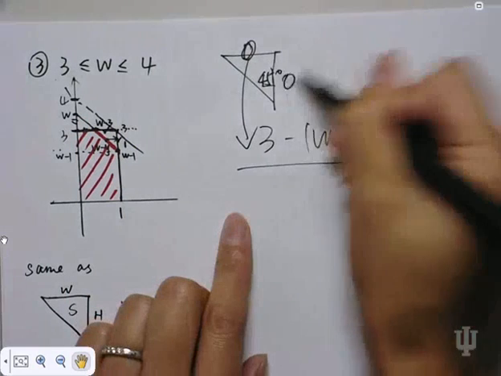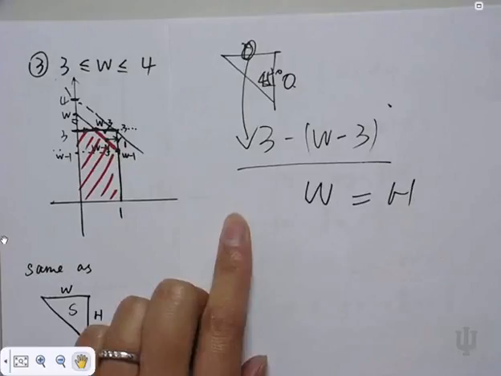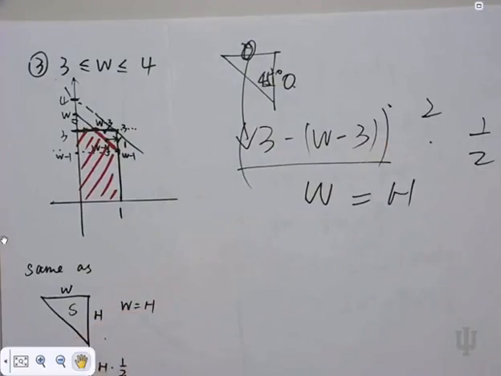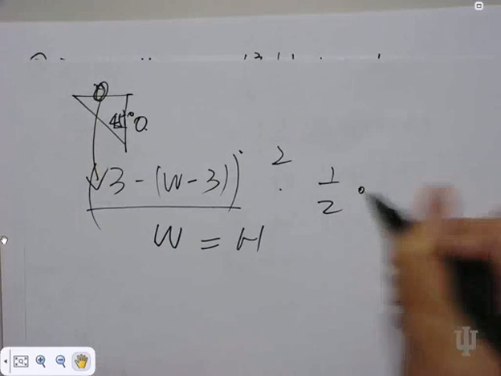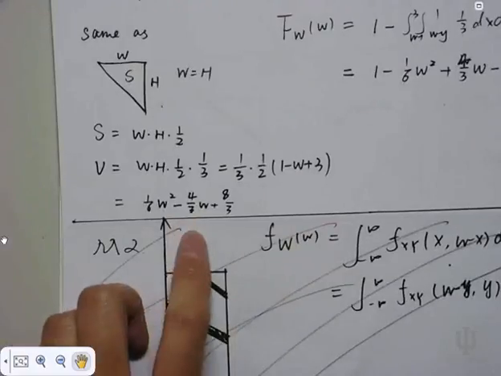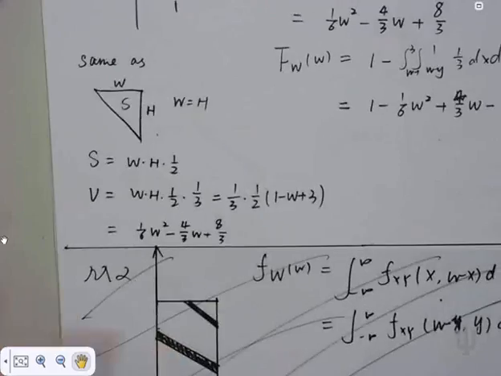So this thing, right? So I square this, divide by 2, which is my area, right? And my area times my height gives me the volume, right? You will get exactly the same thing. So it's a little bit tricky, but you have many ways to do that.